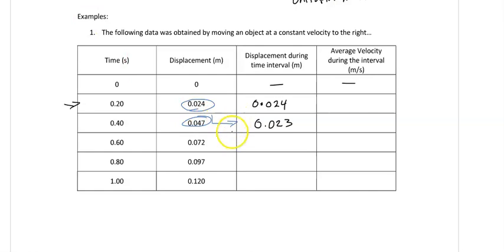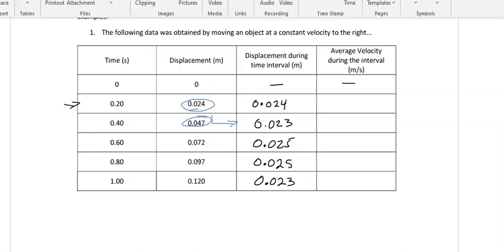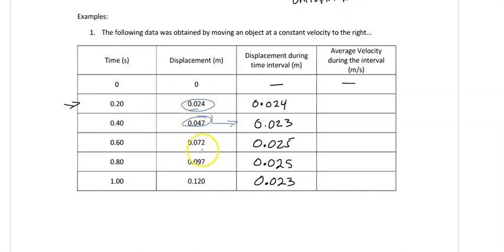Continuing on, we see that we've got 0.025, 0.025 again, and 0.023 as displacements in each interval. Again, this interval is between this one and the 0.047. This one is between these two, and this one is between these two.